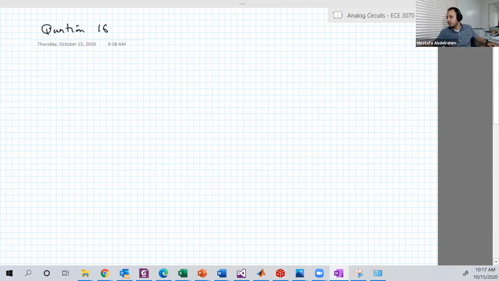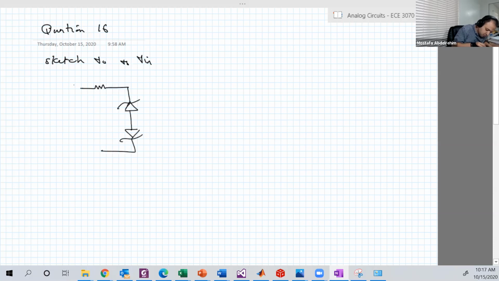This is a very nice one. We have, so just sketch VO versus V input. Luckily, many of you have done this right, but some didn't. But let's see. So this is diode 1 or Zener 1.